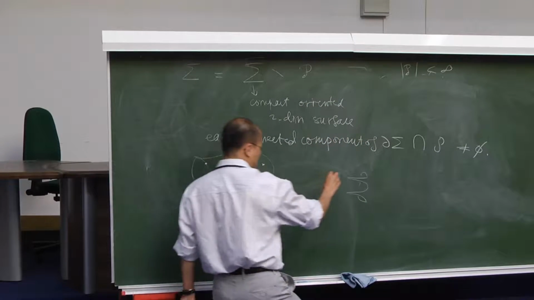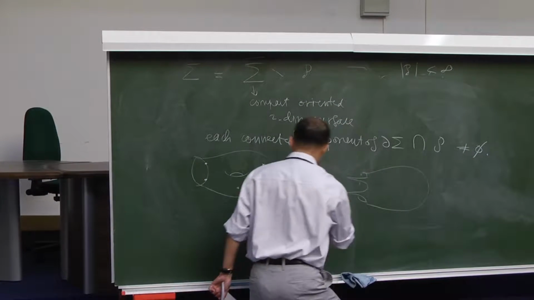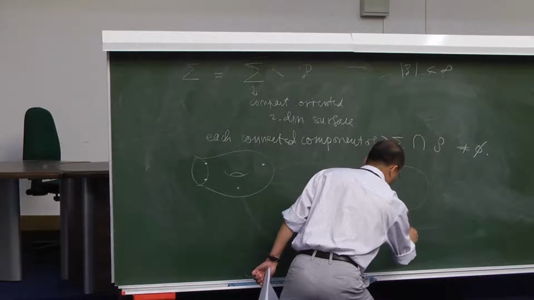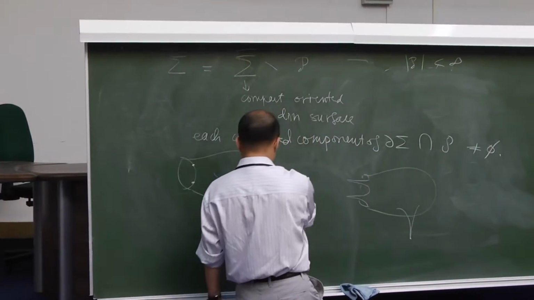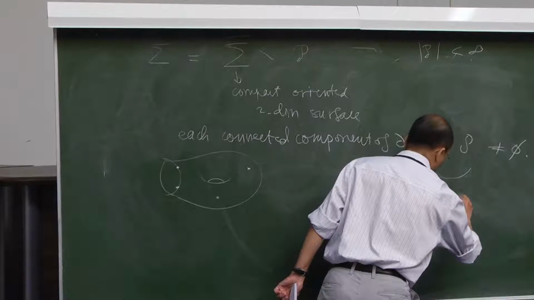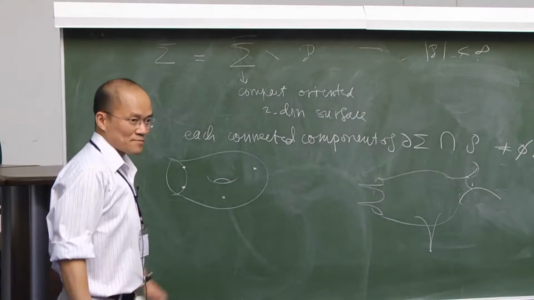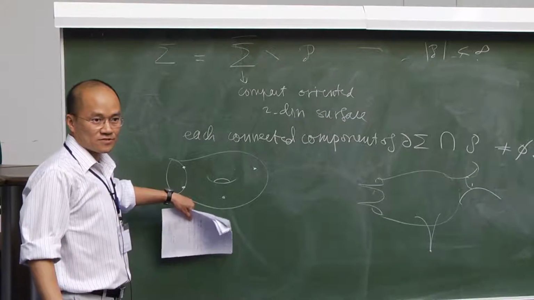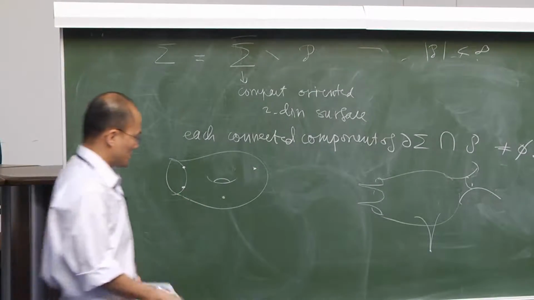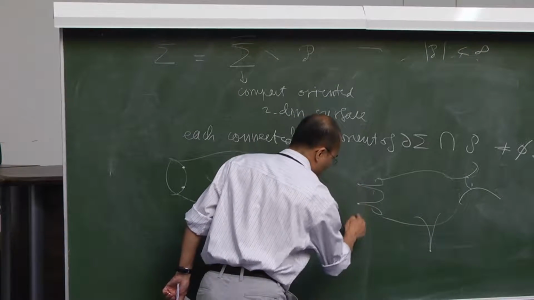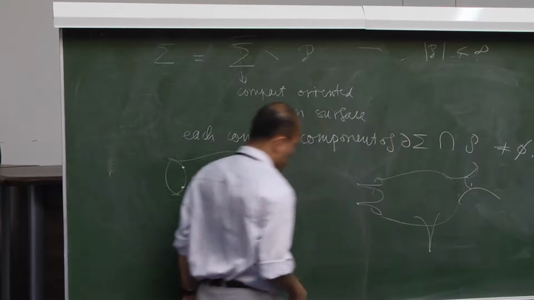Maybe this becomes a real puncture here, and this becomes something like a hole here. So this is the hyperbolic structure on this surface. These are the points at infinity. This is the puncture, and this is the hole.